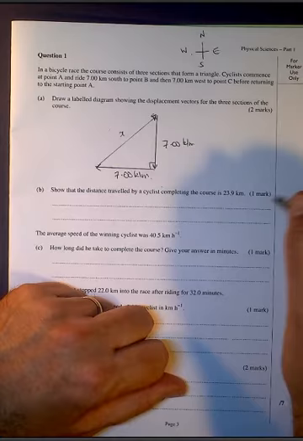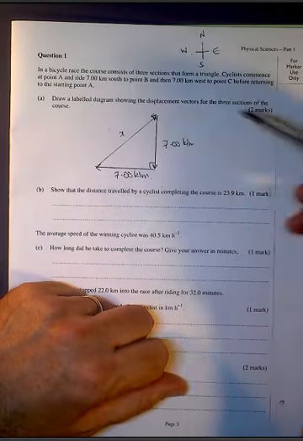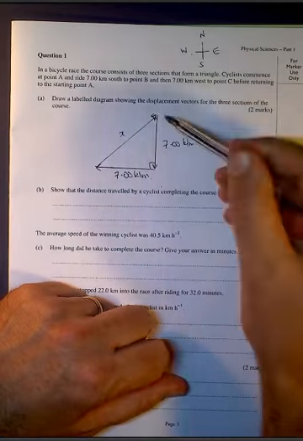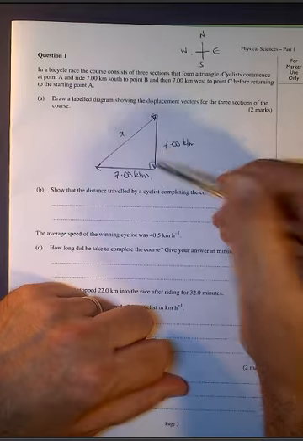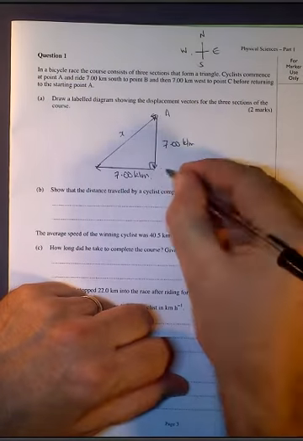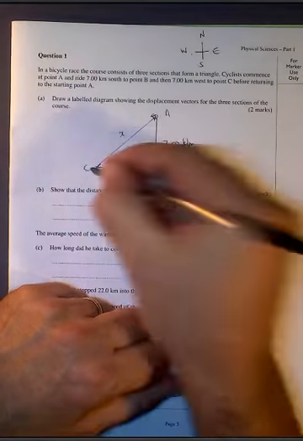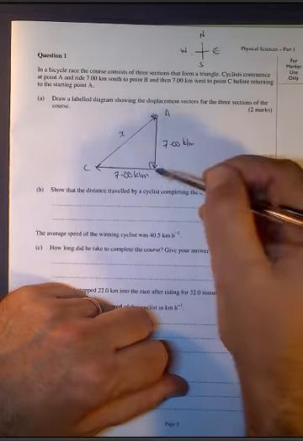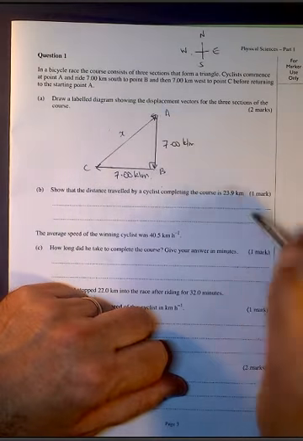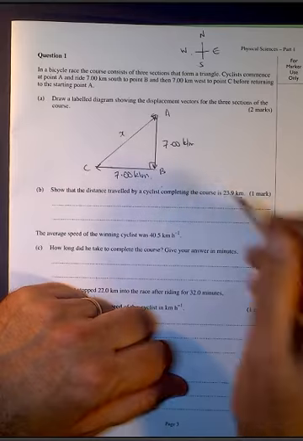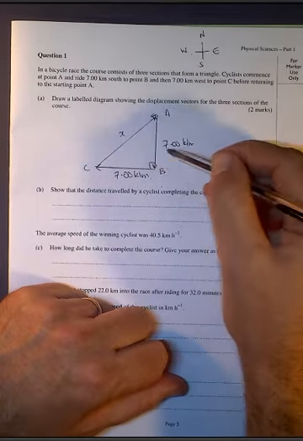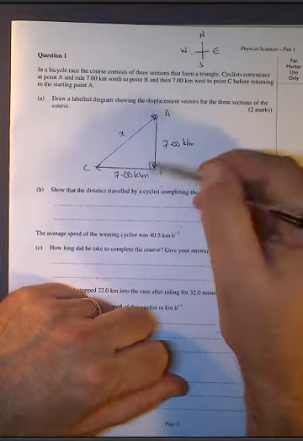Show that the distance travelled by the cyclist competing in the course is 23.9 kilometres. So the distance from there to there, let's call that A, B and C. From A to B, from B to C and C back to A is about 23.9 kilometres. Well, we know that A to B is 7 kilometres and from B to C is 7 kilometres, so it's going to be 14.